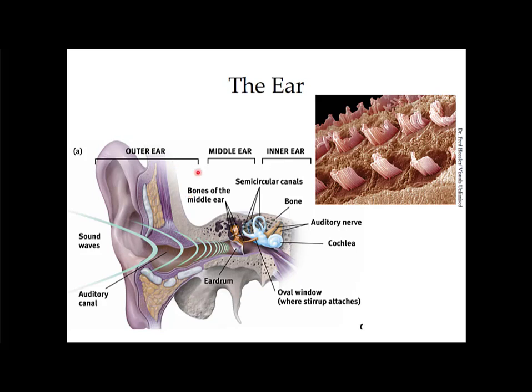Then you have the role of the middle ear. The middle ear is this tiny little chamber in between the outer ear and the inner ear. And it's made up of 3 tiny bones, in fact, the tiniest bones in your body. One of the names for them being the hammer, the anvil, and the stirrup, named sort of for what they look like. But the job of these 3 tiny bones is to move when the eardrum moves.